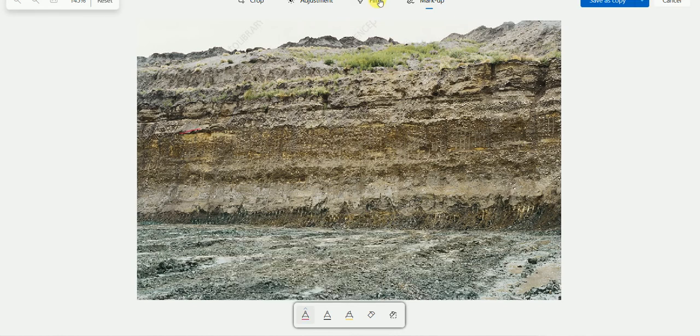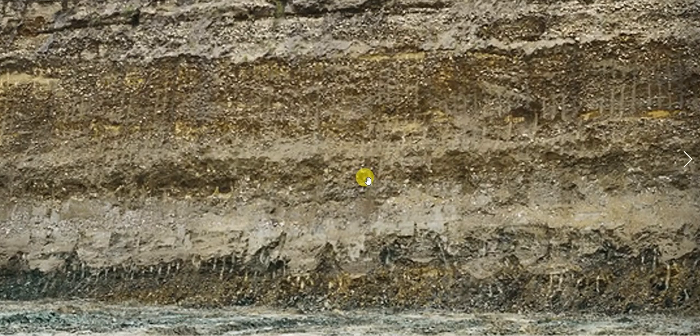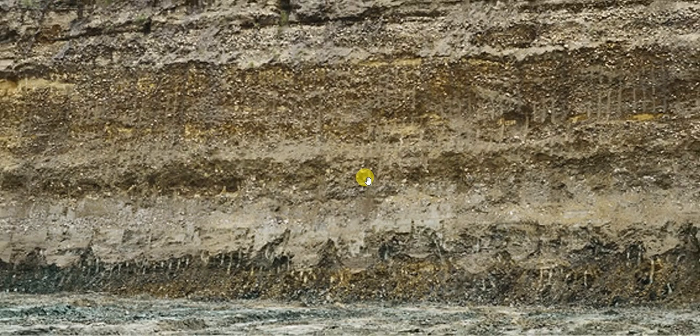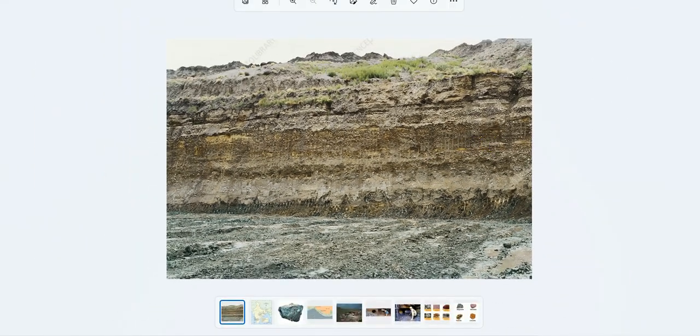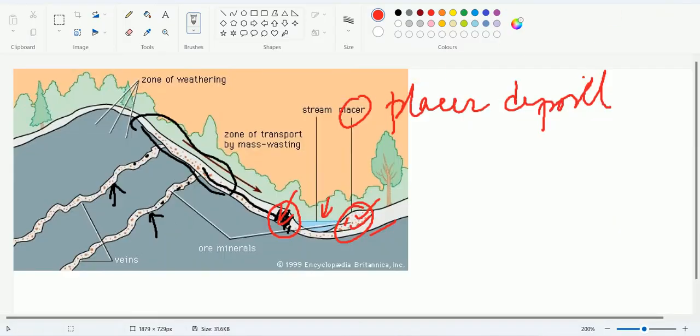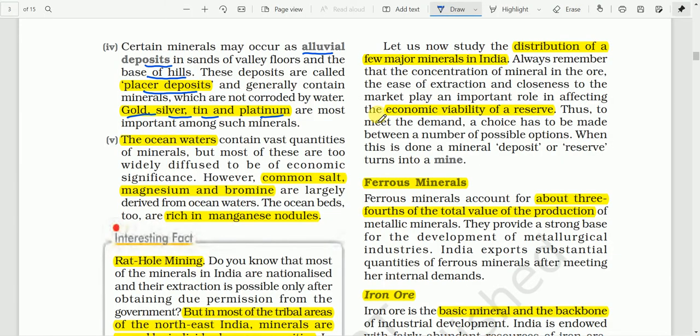I think here also you may find, you may be seeing, pieces of gold mixed with the sand. Just see. Any question, boys and girls?